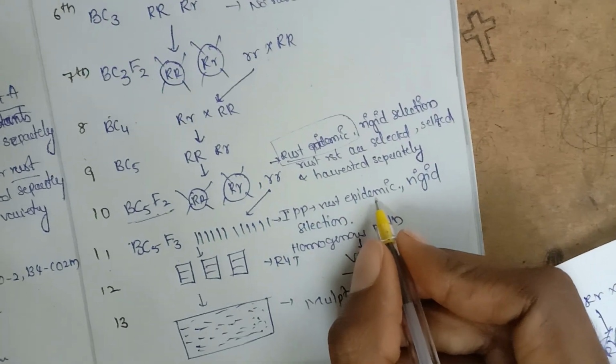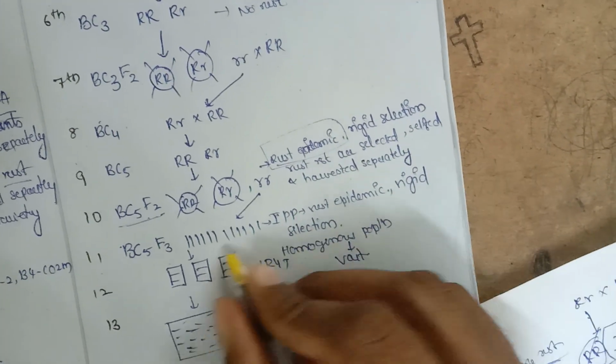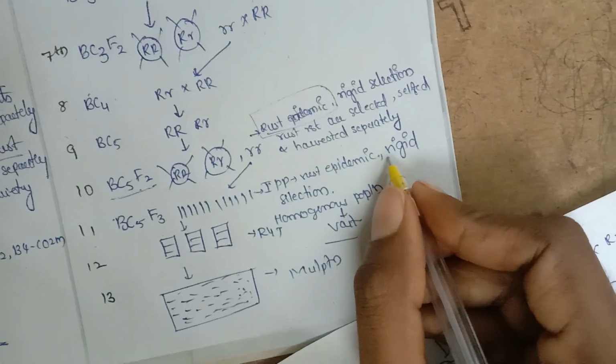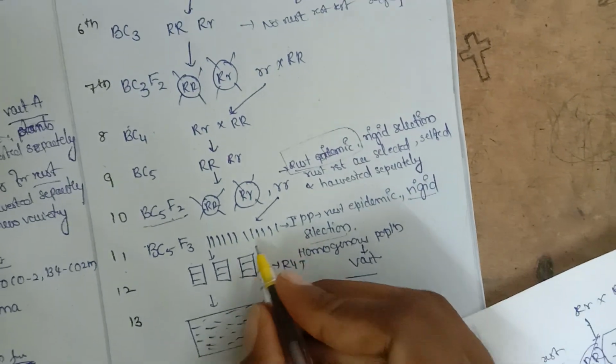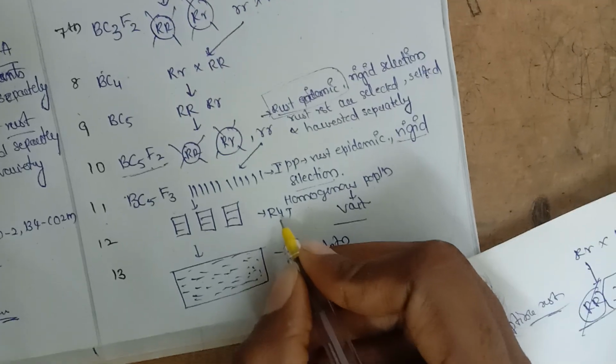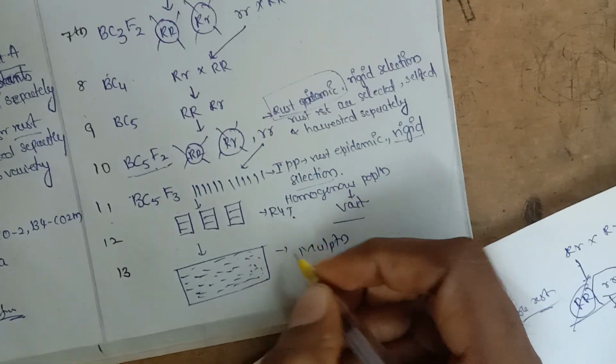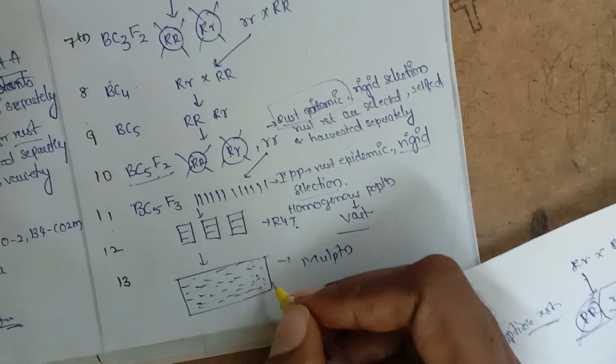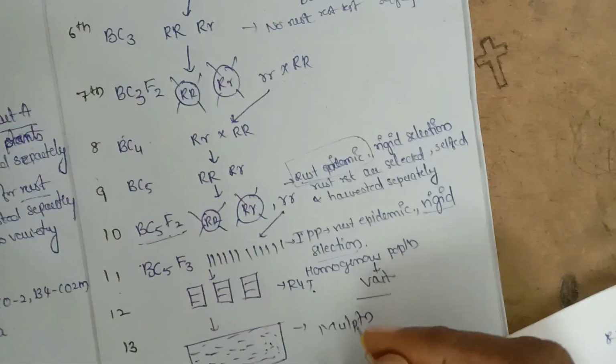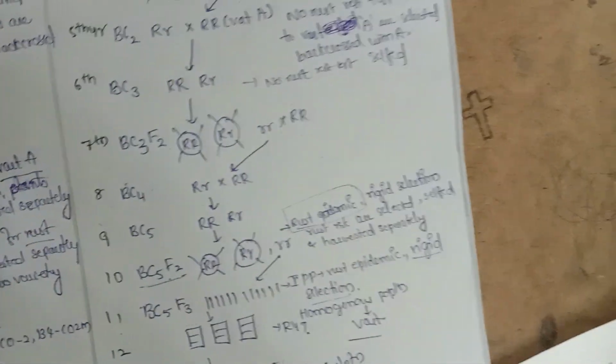Here the rust epidemic is there, and in these individual plant progeny rows we go for the rigid selection, and then for replicated yield trials, and go for the multiplication and release of the variety with the rust resistance.